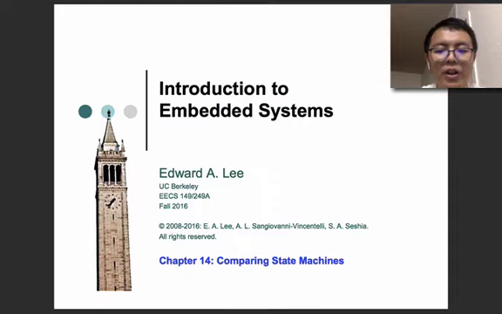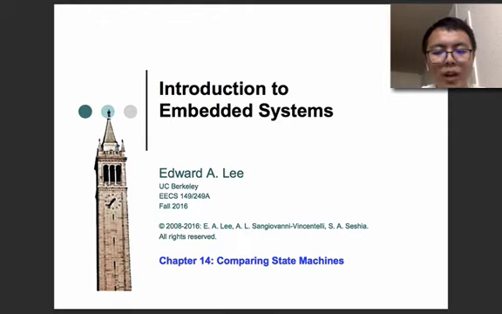The key thing here is that when you see a linear temporal formula hold for a state machine, what you're really doing is comparing state machines. So today we will zoom in on the idea of comparing state machines.